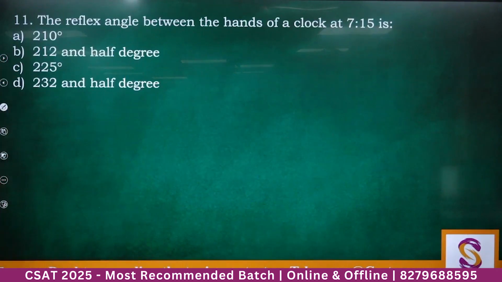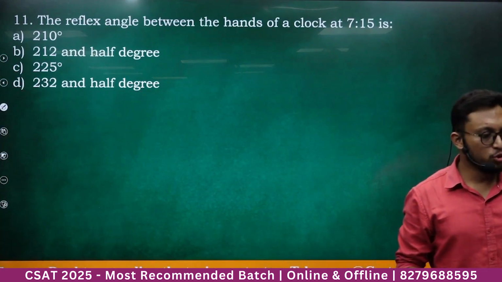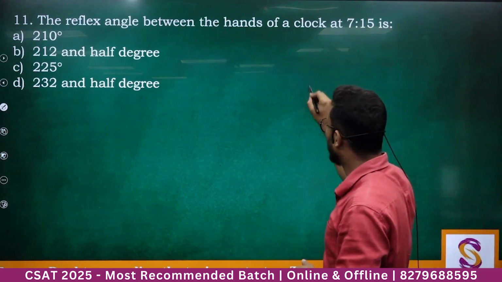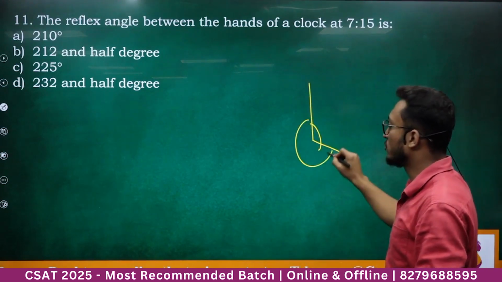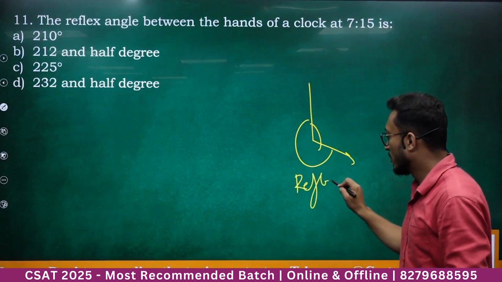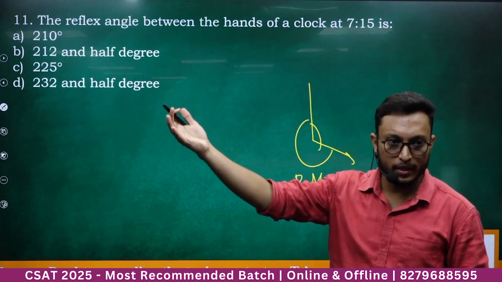Okay, let's go. See, usually in exams the word angle will be written. Now the angle between two hands can be this also and this also. This is what is called a reflex angle. So a reflex angle is that angle which is greater than 180 degrees.